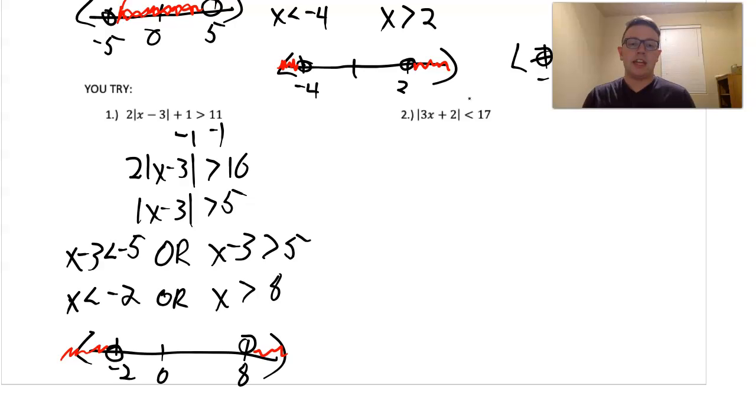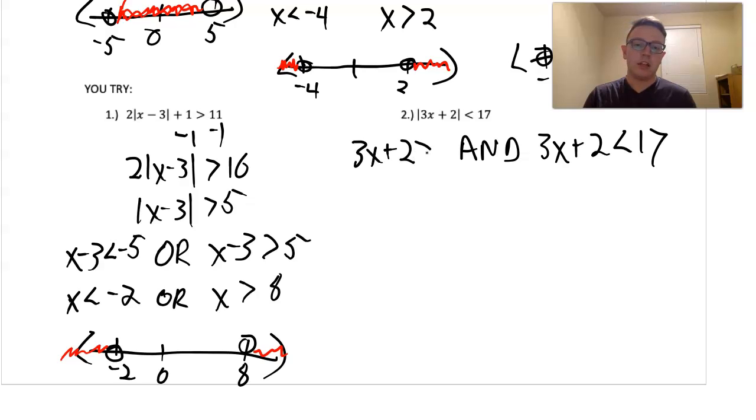For this one, we have a less than, meaning this is inside, or an and. And what's going to be on the and? Well, we want it to be smaller than the big number, and we want it to be larger than the small number. So we want it to be to the right side of the negative, but to the left side of the positive.